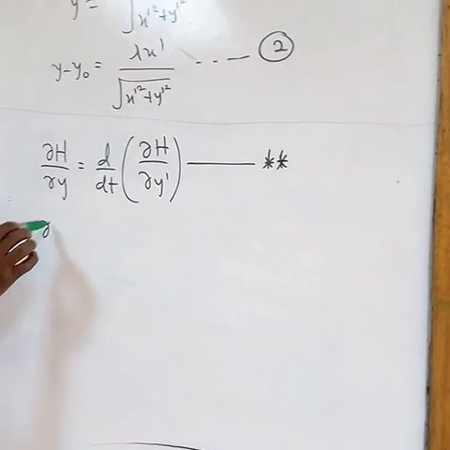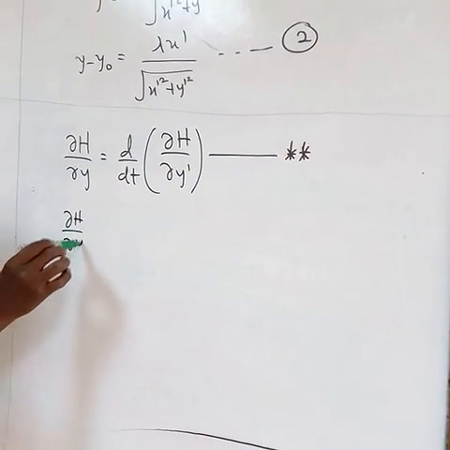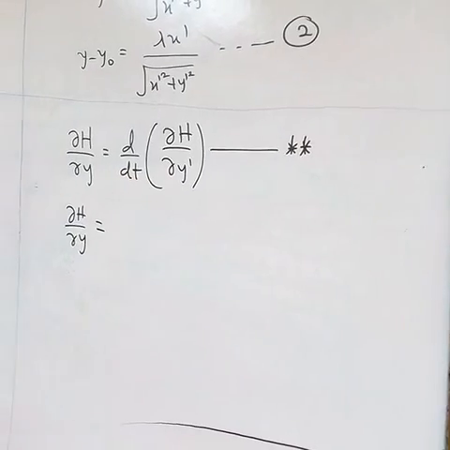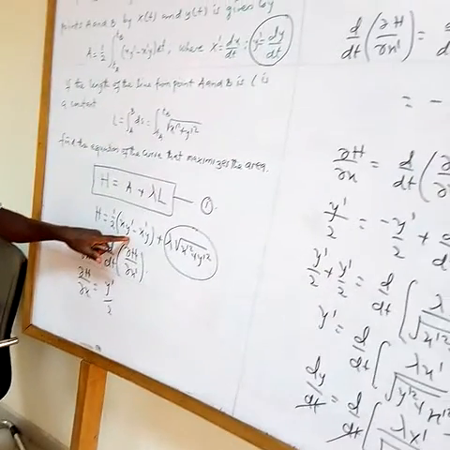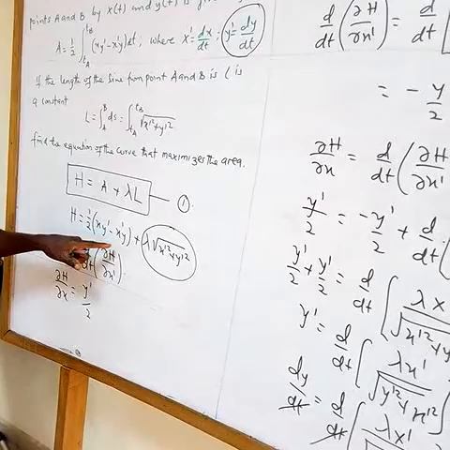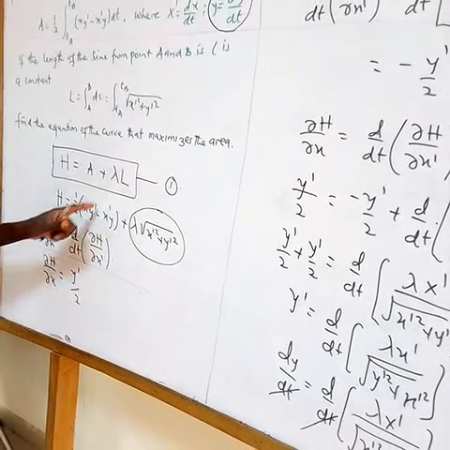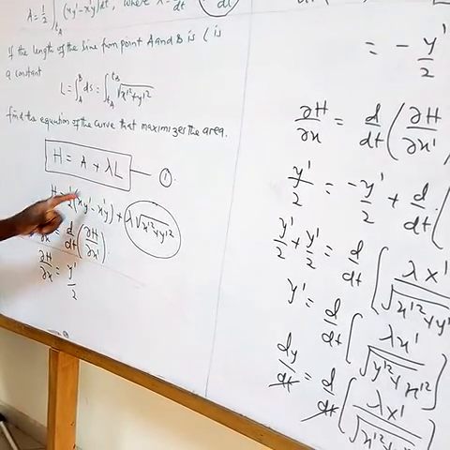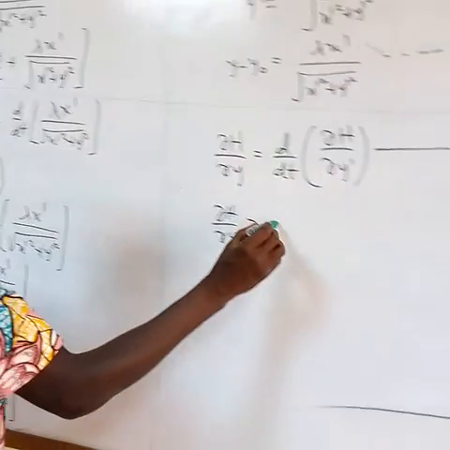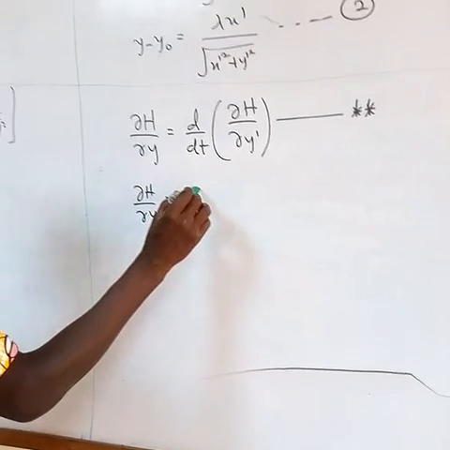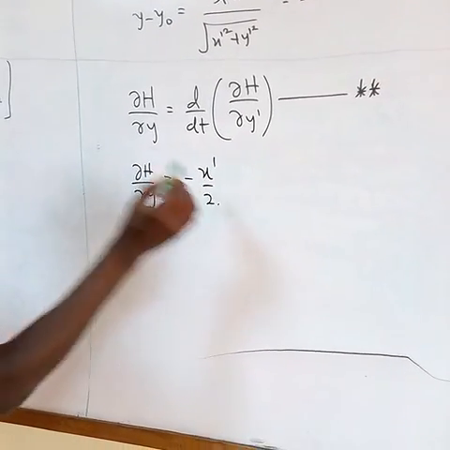So what is partial of h, partial of y? From this expression there is no y here, so it means this is a constant, but there is y here. So by the time we differentiate this, we are going to have minus x prime against 2. So this one is going to give us minus x prime over 2.